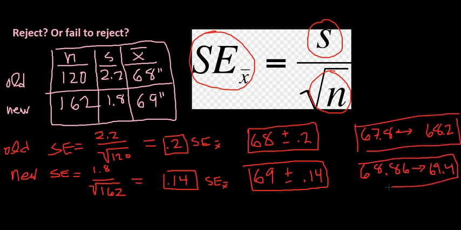That means even with the potential natural error in the sample, which we account for with the standard error of the mean, there's no overlap here. So we can say, hey, look, this new class actually looks like it is significantly taller than the old class, and this isn't the same old class that it used to be. So we can reject the null hypothesis that our class is just the same as the old class.